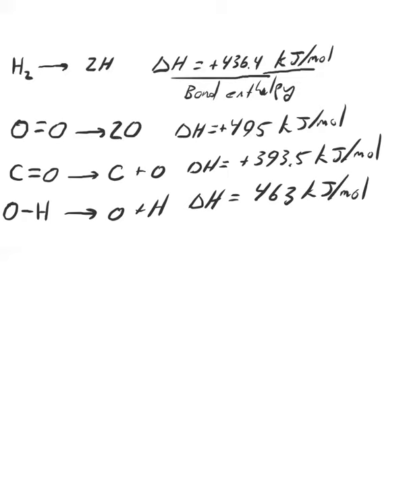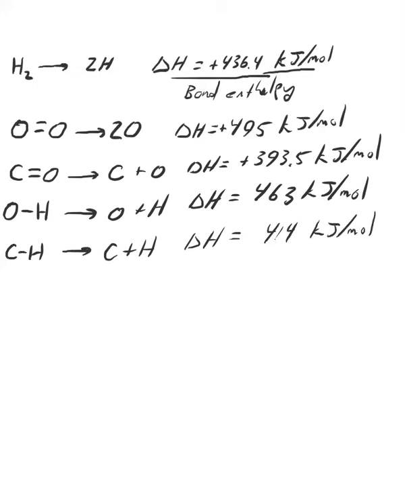Depending on what table you look at, you might see 460, 462, 463, 464, but somewhere around there. Another one, the CH bond, broken into C plus H: delta H is 414 kilojoules per mole.